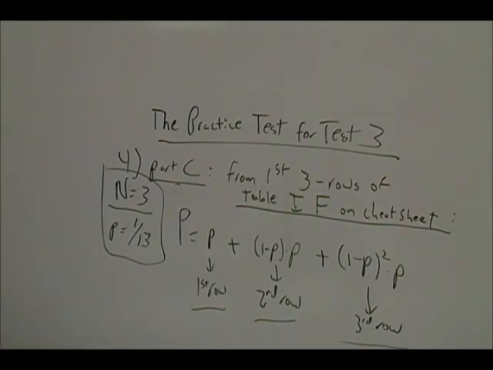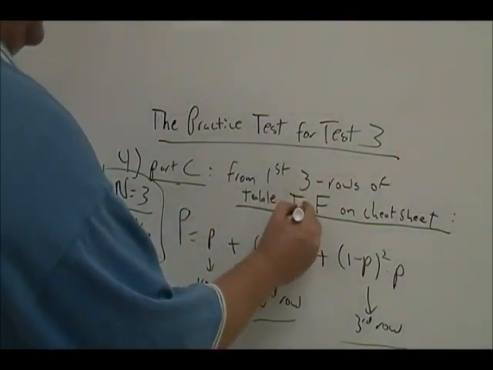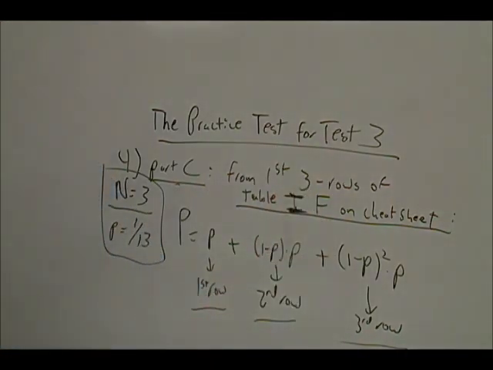We left off, this is going to start the remaining part of this practice test, in part 1 of this video when we were doing problem 4, part C. And this involves the very first occurrence of an event when you're doing a sequence of n independent trials, and you're looking for the first trial in which the event occurs.